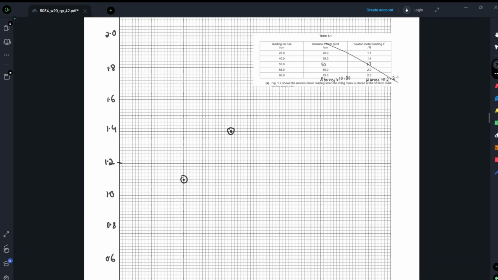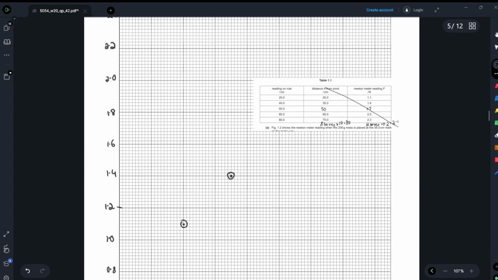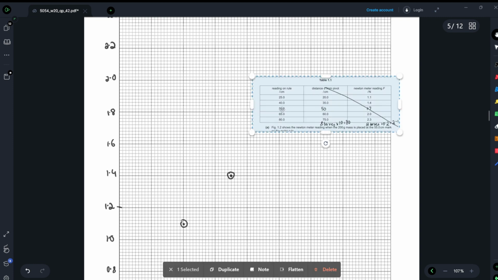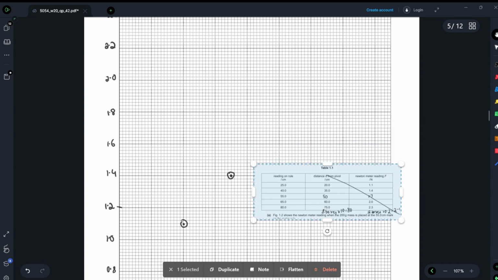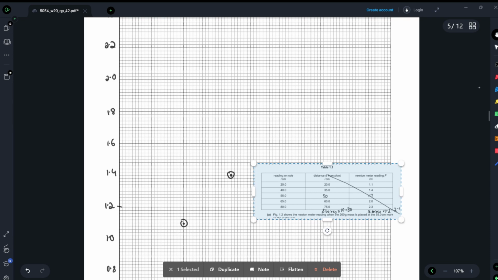Then we have 50 पे, so that's 35, that's 40, 40 and 50. So 50 पे we've got 1.7. So let's just move this over here. ठीक है. So 50 पे it's 1.7, so that's going to be 50 and 1.7.